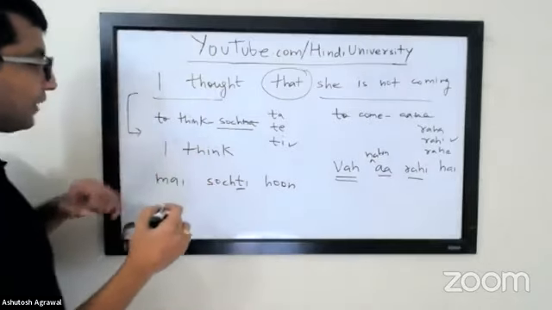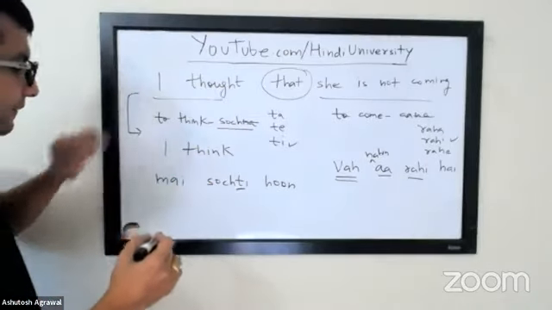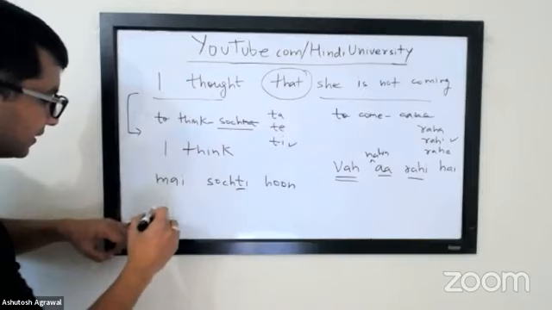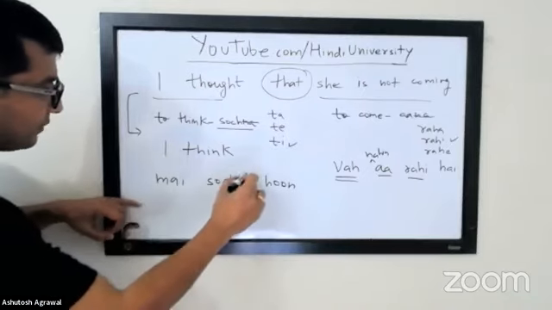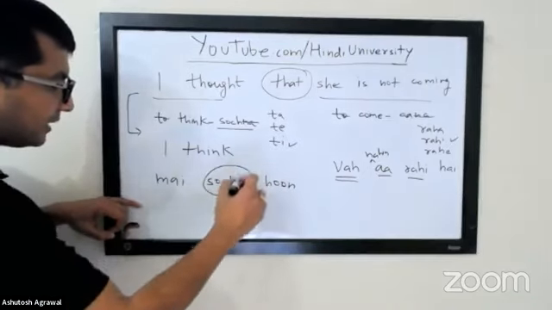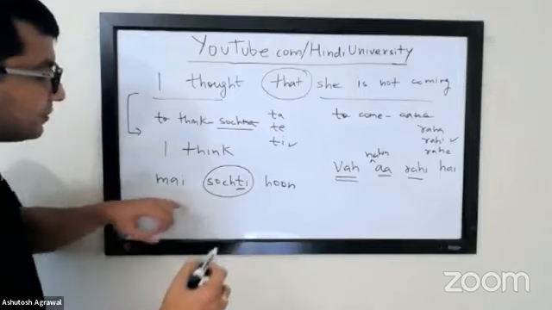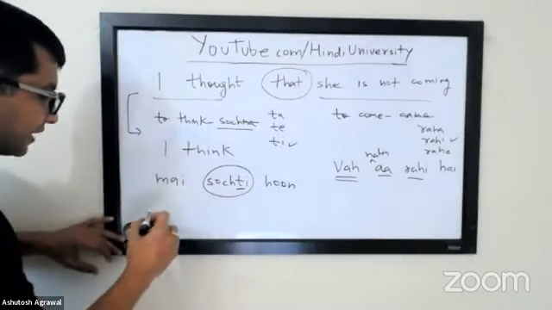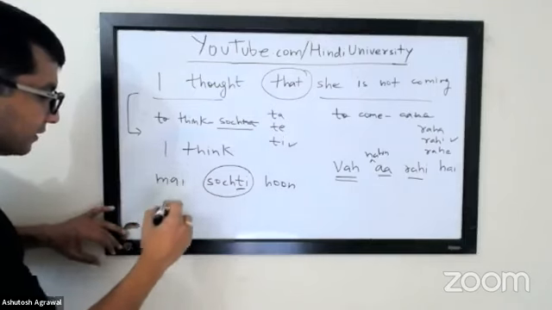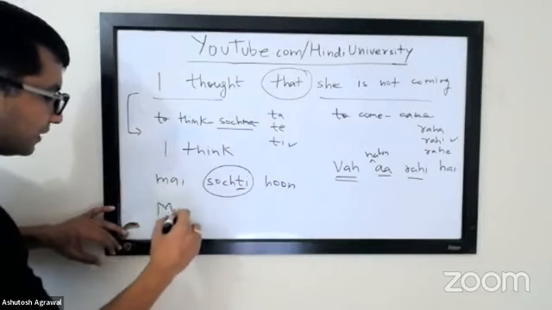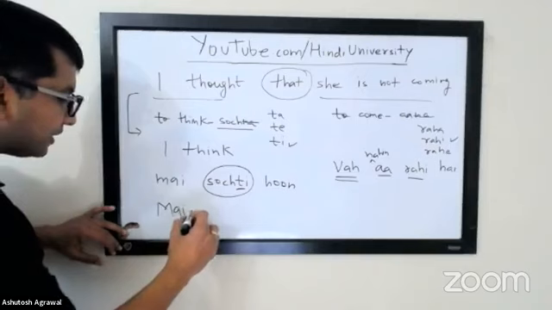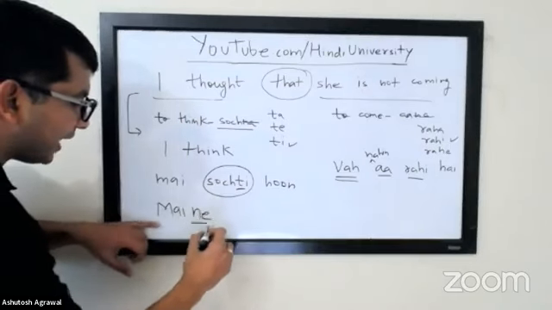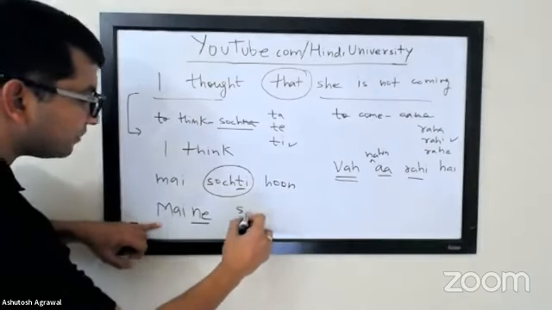But when you're saying it in the past indefinite, you have to see whether it is a transitive verb or an intransitive verb. If it is a transitive verb, you will use the postposition ne with the pronoun. So मैंने, and then you use the past form. मैंने सोचा.